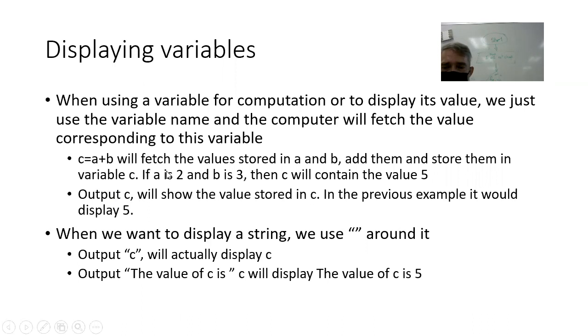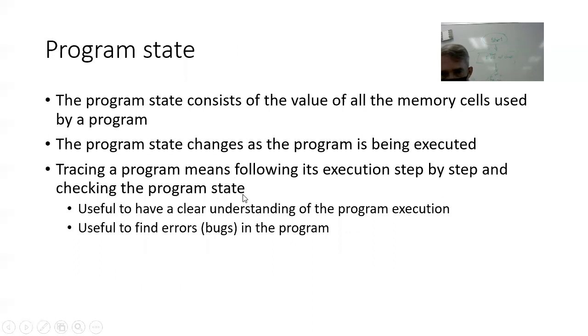So for example, if A was 2 and B was 3, and then we applied this in a computer program, then C would end up storing the value of 5, because that's what 2 plus 3 is. Then if we said print C, then we would see the number 5. That's what that's all about.